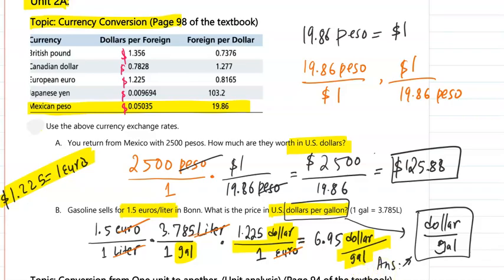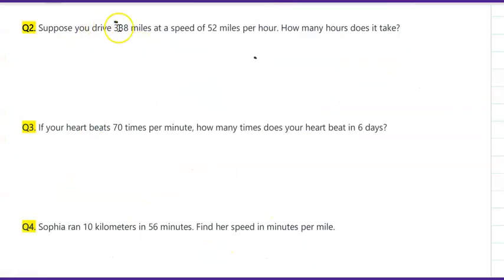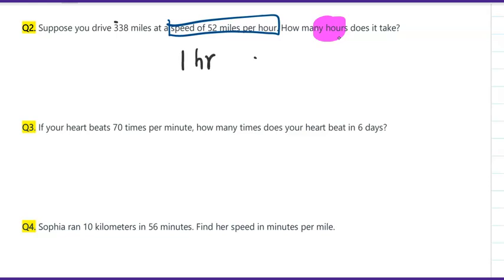That's the B. Suppose you drive 338 miles at a speed of 52 miles per hour. So this is the speed, 52 miles in 1 hour. And how many hours does it take? We need to find our answer in hours, so I'm going to put hour in the top. 52 miles per hour is the same as saying in 1 hour you drive 52 miles.